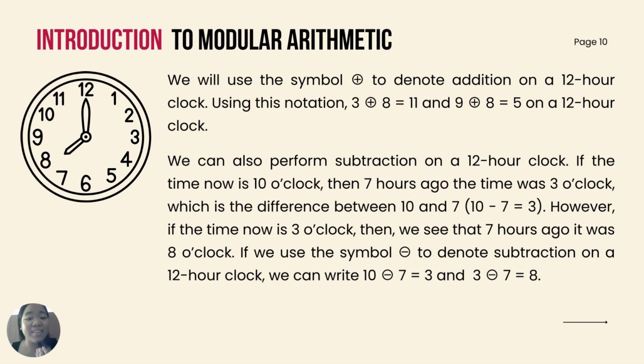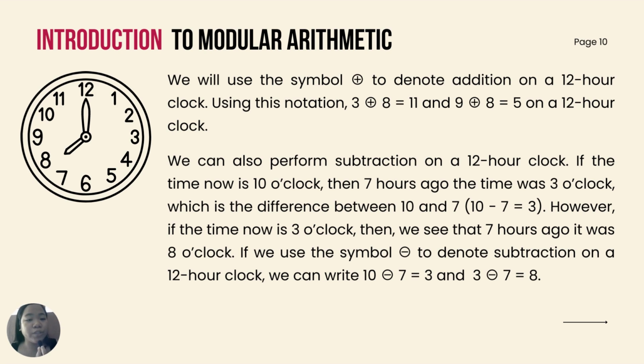And 9 plus 8 is equal to 5 on a 12-hour clock. We added 8 hours after 3 o'clock, and the clock points to 11. Then 9 plus 8, we added 8 to 9, and the clock points to 5.